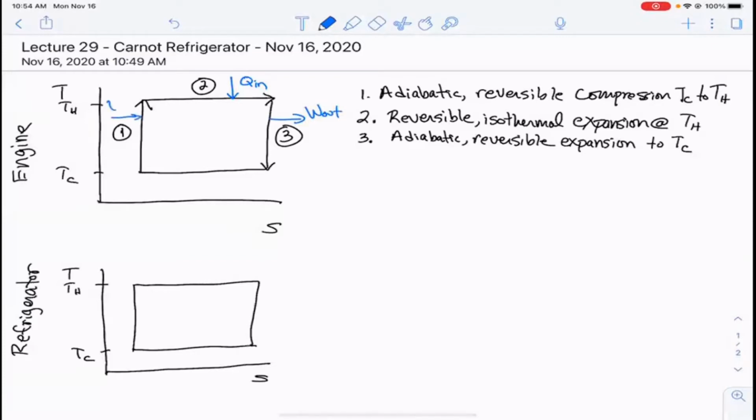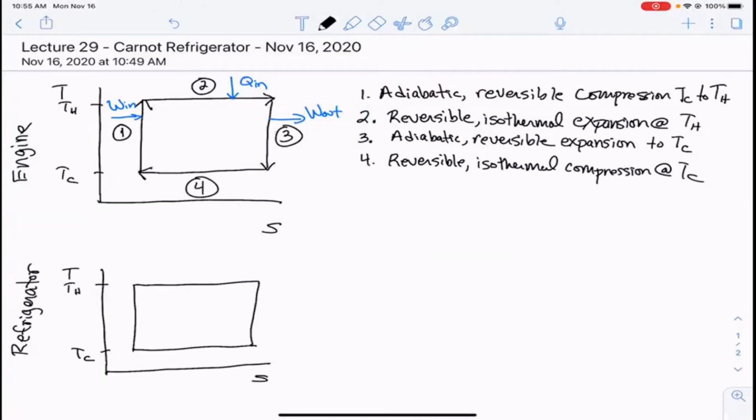So in the engine, this is work in, Q in, work out. And then the final step in the heat engine was getting back to our initial state, which was an isothermal compression at T cold. That's step four, and we're going clockwise around this engine.